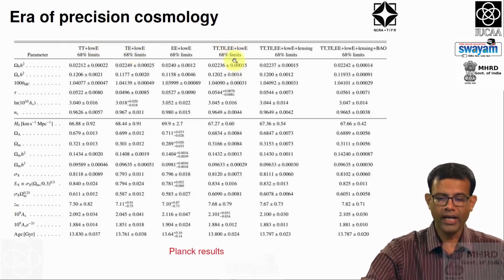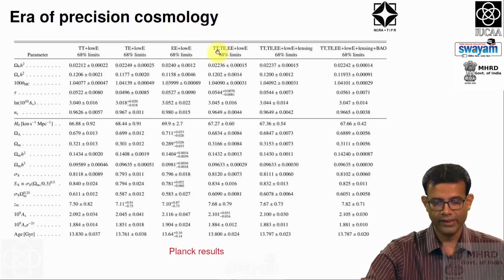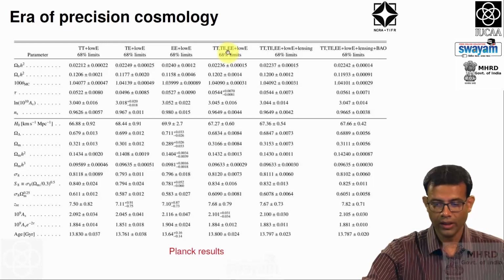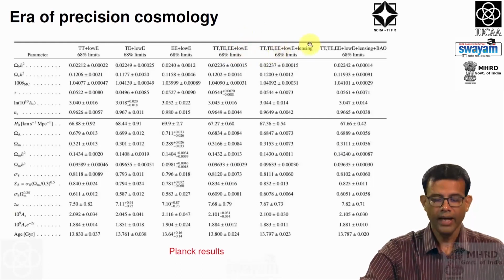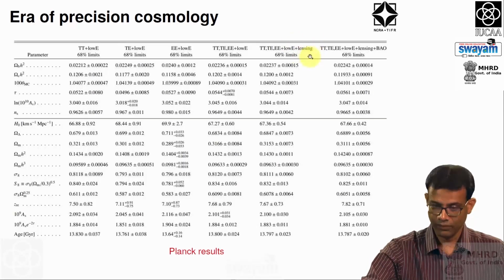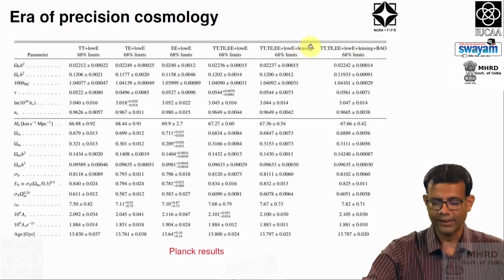And then you go on adding various other things. Here for example, they would have used temperature, the temperature E mode cross correlation, and then EE, the E mode correlation plus this low E data and so on. Okay. Then here they have added the signal from this lensing, which I talked about in the last slide.